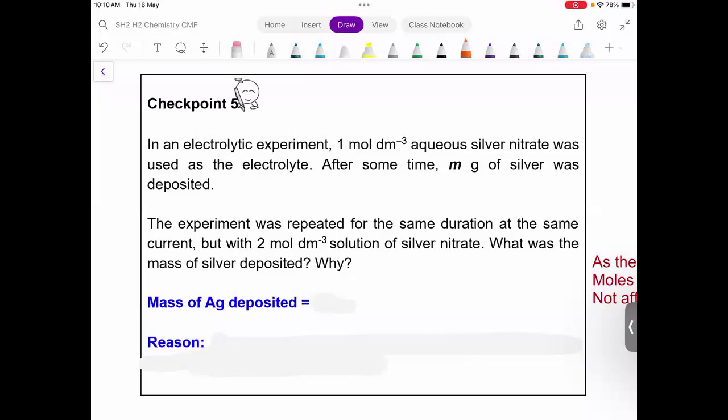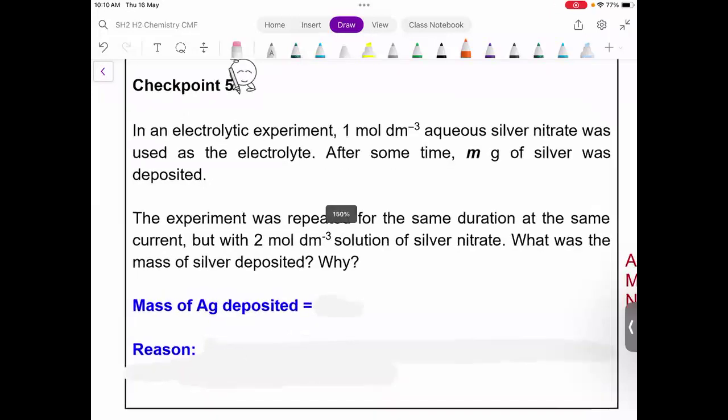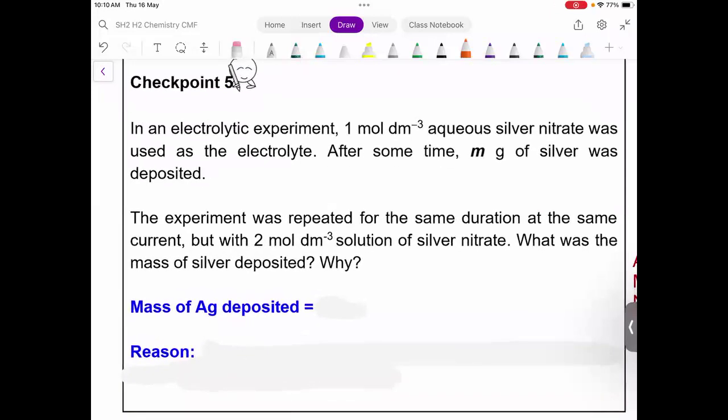So will there be any change in the mass? Remember, electrolysis is not a spontaneous reaction. Whatever is taking place is driven by your electricity.